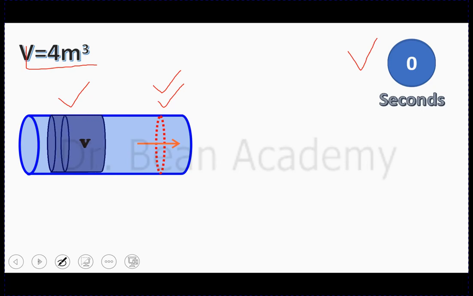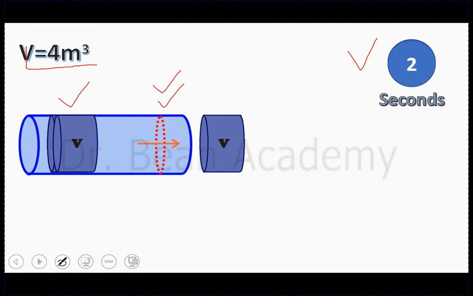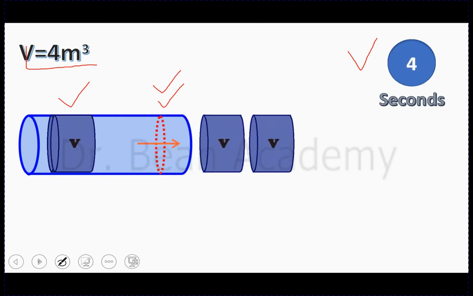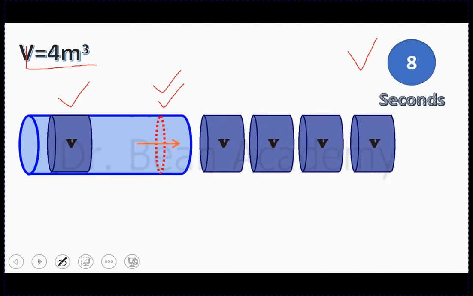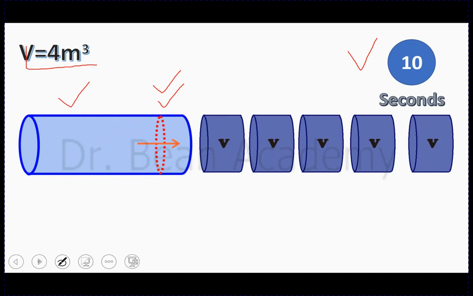Okay, so one volume has passed, then another, then the third one, then the fourth one, and the fifth one. And this is the end of my experiment. A certain volume of water passed through the unit area, and I have calculated all of these volumes and the time during which they passed through the unit area.